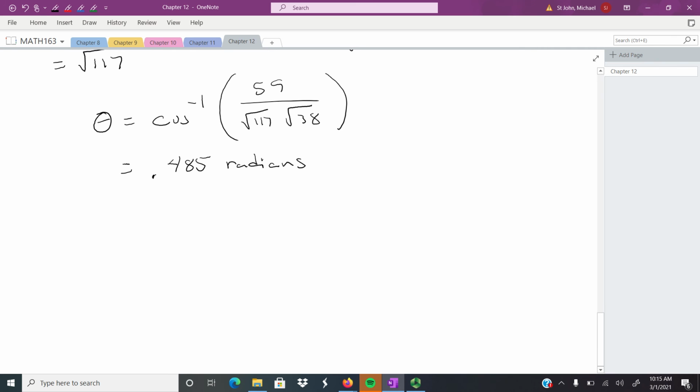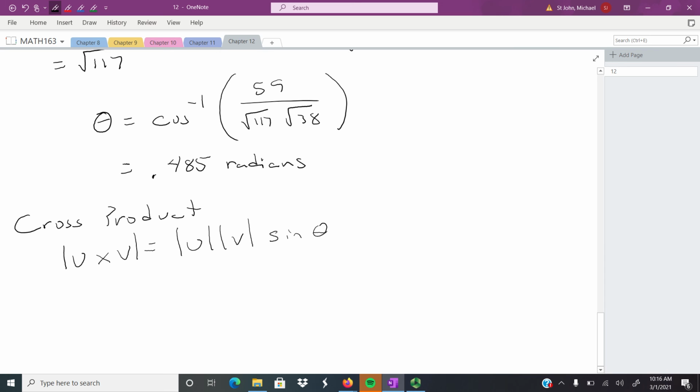We could also find the cross product. So the cross product magnitude, u cross v, is equal to the magnitude of u times the magnitude of v times the sine of theta.